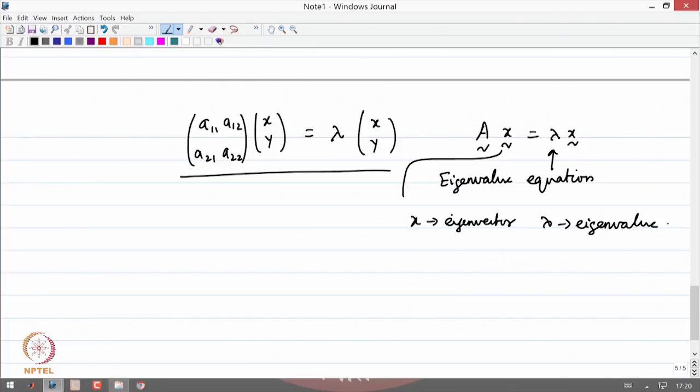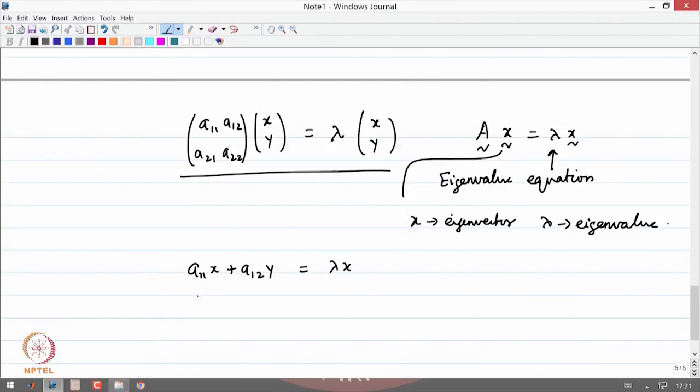Now please remember, if you expand this, A11x plus A12y is equal to lambda x. First row, you remember two matrices are equal only if the corresponding elements on both sides are equal.